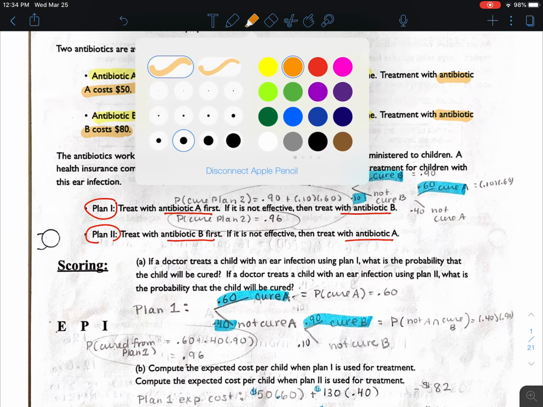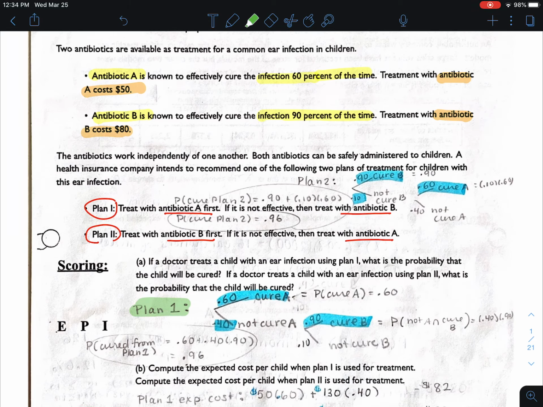So here, I started out labeling this as plan A, and I marked off, if plan A works and the person gets cured, I'm sorry, that's plan 1. If the person gets cured taking antibiotic A, which they told us up here happens 60% of the time, then great. The odds of them being cured on that path is 0.6. The other option is 40% of the time they're not cured.